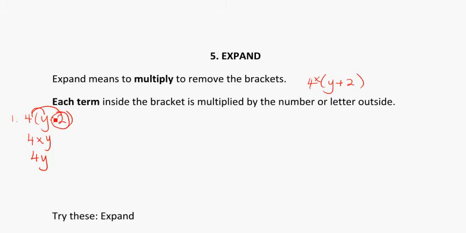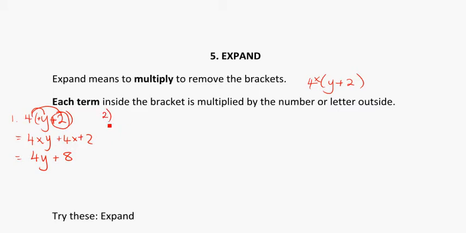The sign in the middle goes with the number or letter on the right of it. There is a sign there, but it's plus, and if it's plus, it's just not shown. So that's plus 4 times plus 2, and so that is just plus 8.